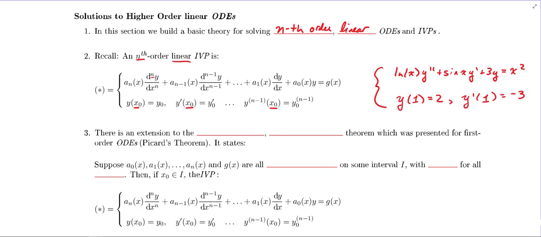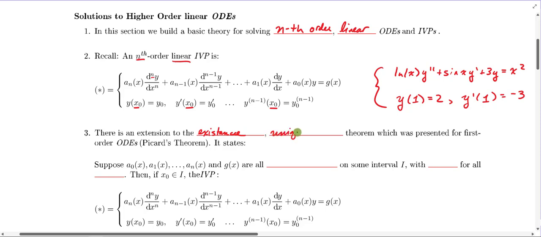The first one is, just like we said before with our first order ODEs, before you go looking for a needle in a haystack, the first thing you want to confirm is that there is indeed a needle in the haystack. So we have an extension to the existence and uniqueness theorem that we presented for the first order ODE, which was called Picard's theorem.